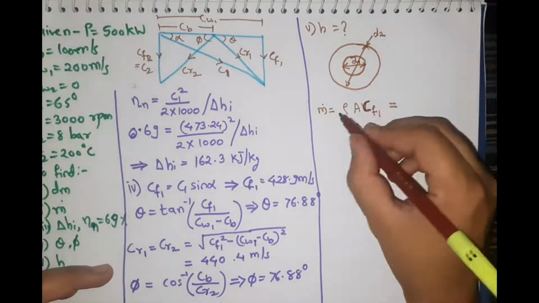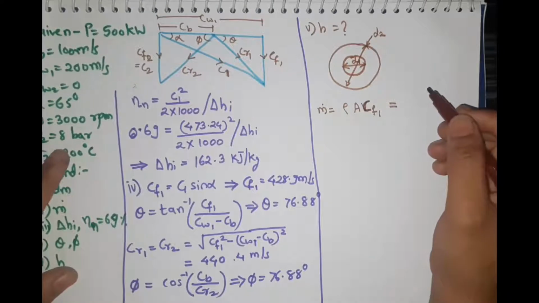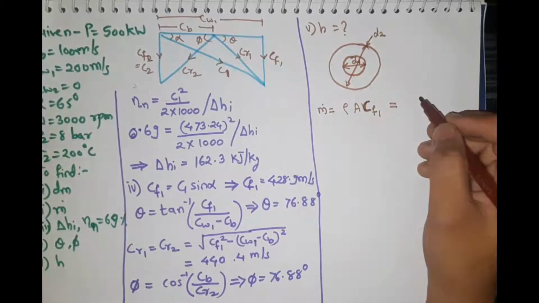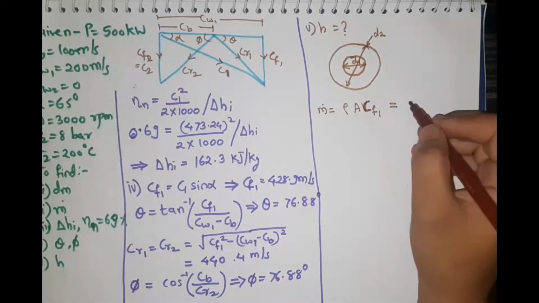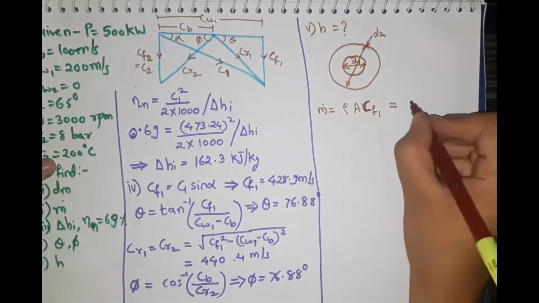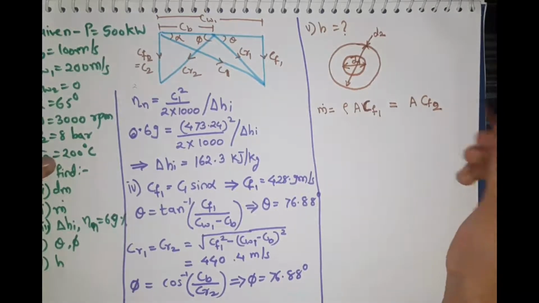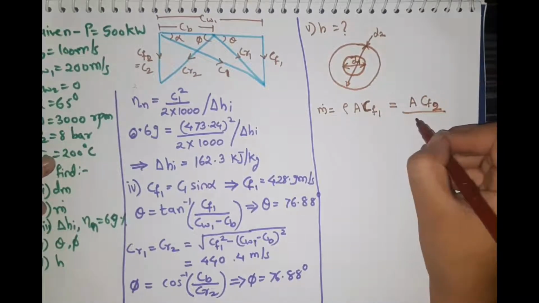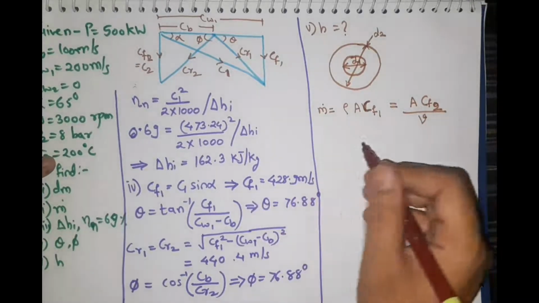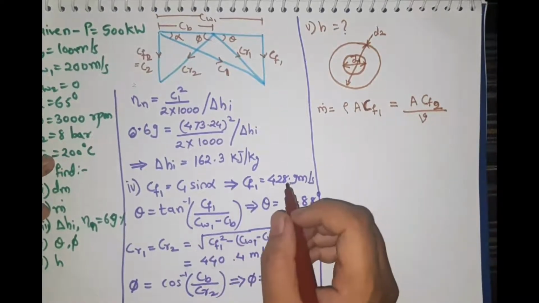So for the given conditions, you can see at the exit the pressure is 8 bar and temperature is 200 degrees centigrade. So for exit we have to write it as area into CF2 because it is exit condition, and the specific volume at the exit. Now let's see for the area first, then we will move to the another part.